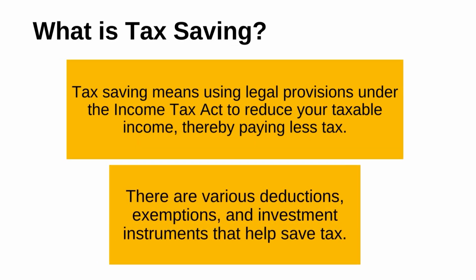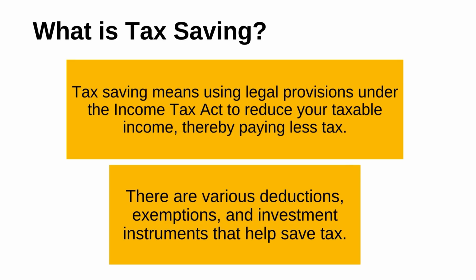Then, what do we mean by tax saving? The basic definition of tax saving is: tax saving means using legal provisions. I am stressing this point: you have to follow the legal provisions under the Income Tax Act to reduce your taxable income, thereby paying less tax. Why do we do this process?